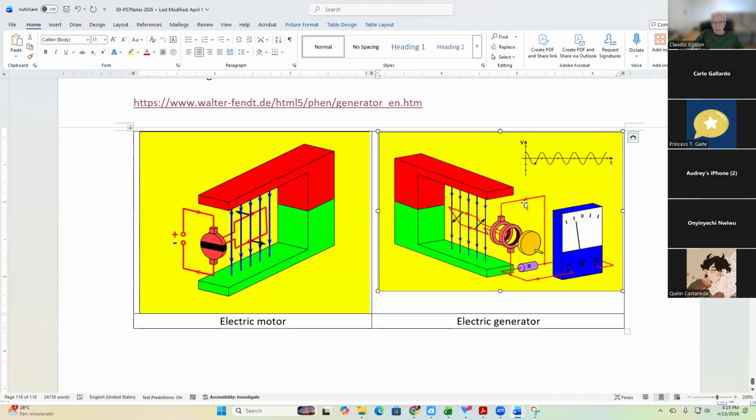The red arrows are the direction of the current. And then what else do we have here? We have a voltmeter. The voltmeter substitutes the battery on the other side. This voltmeter is right in here to keep track of the variation of the voltage.